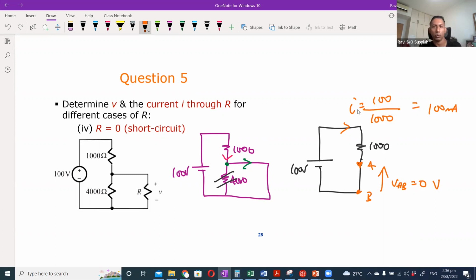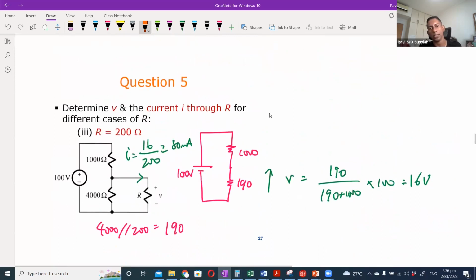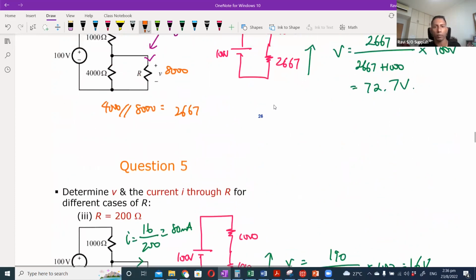All right, so that is how you look at all of this. Towards the midterm, we will come back to this concept of loading, the loading effect of a resistor. What is the loading effect?